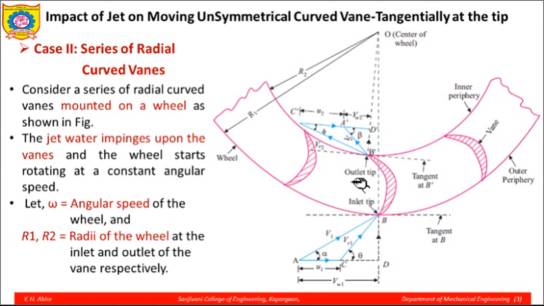As the water flows, it will enter at the outer periphery between the blade passage, and flow towards the inner periphery of the wheel. That is the outlet, the exit of the water at the inner periphery of the wheel. So this becomes the inlet tip of a vane and this becomes the outlet tip of a vane as per the direction of flow of water.